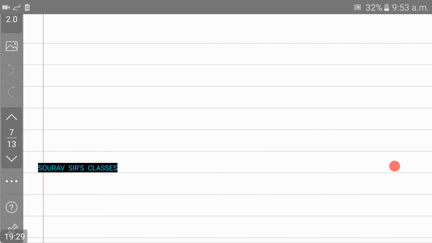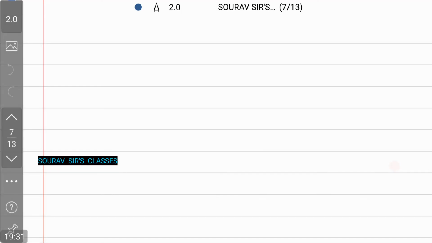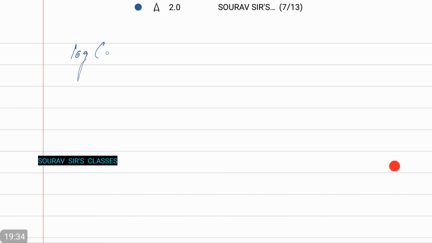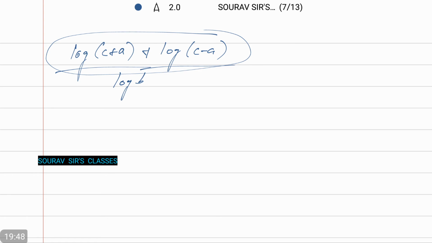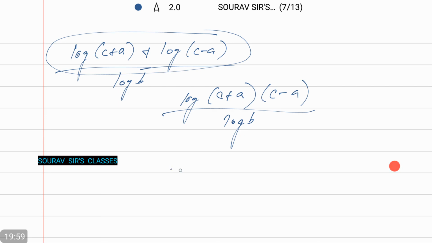So we have log c plus a plus log c minus a by log b, and by the law of logarithms we can write log of c plus a into c minus a by log b, which will give us log c squared minus a squared by log b.